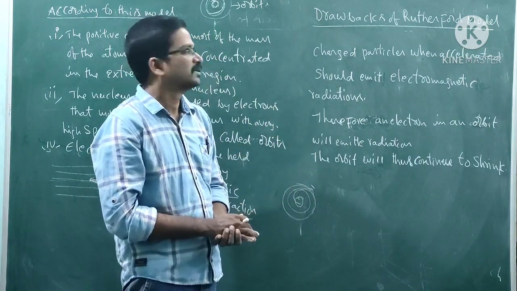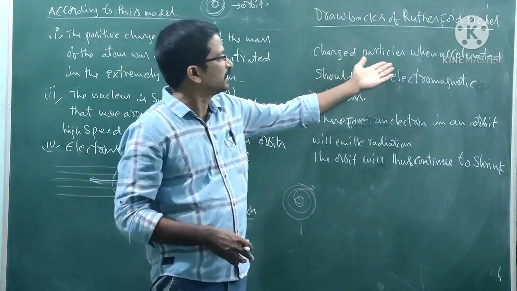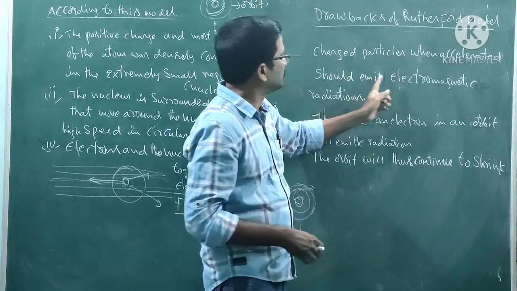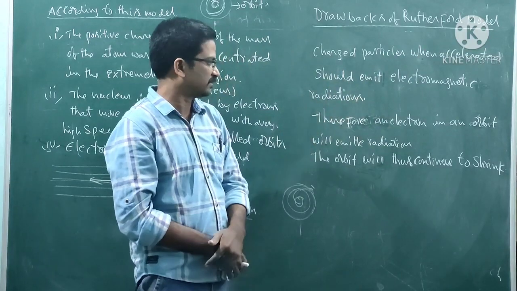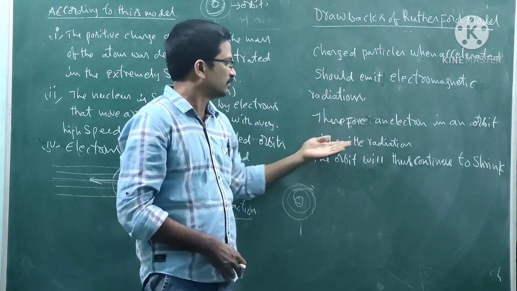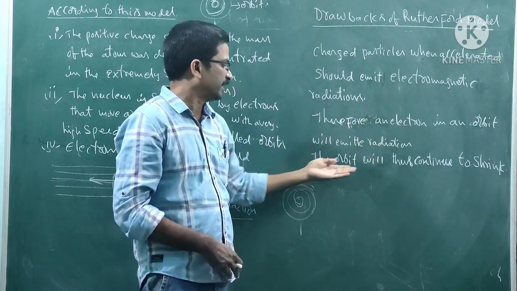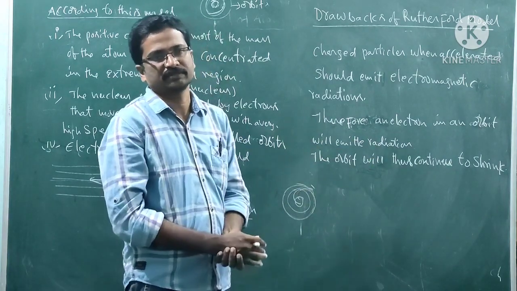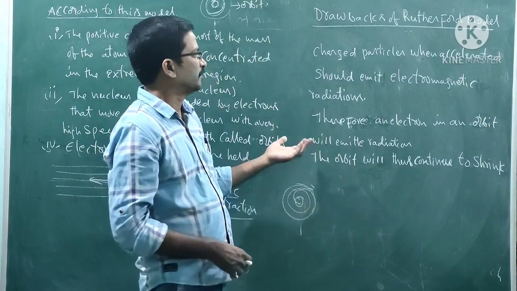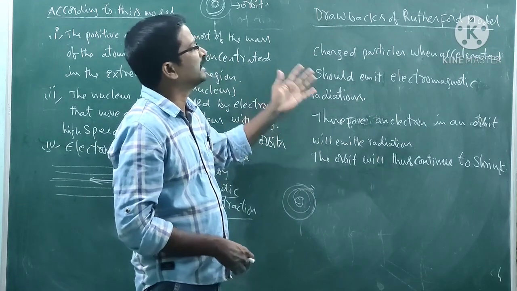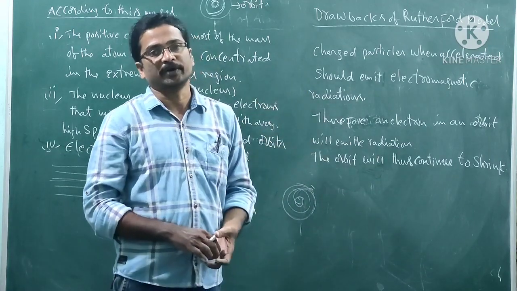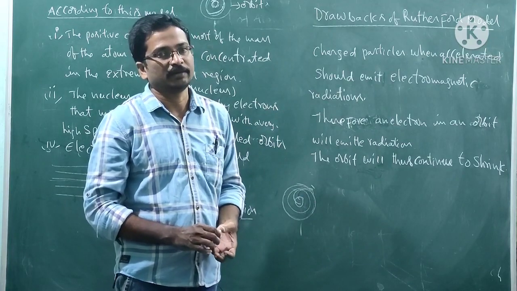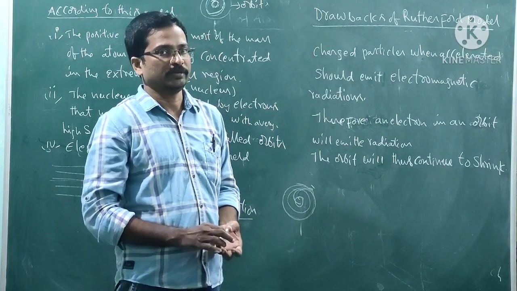Any charged particle when accelerated should emit electromagnetic radiation. Therefore, an electron in an orbit will emit radiation. The orbit will continuously shrink and then collapse. This is the major drawback of the Rutherford model.